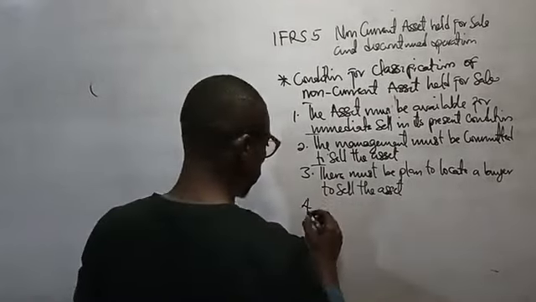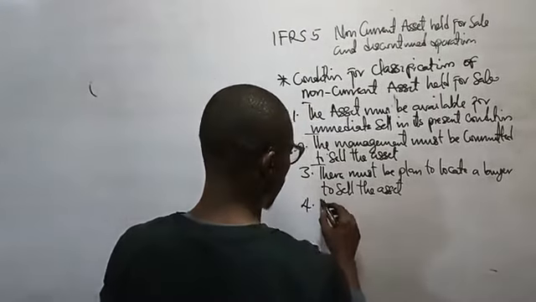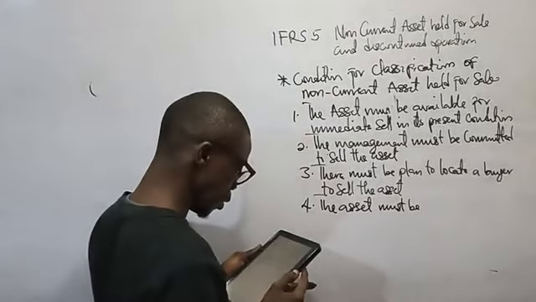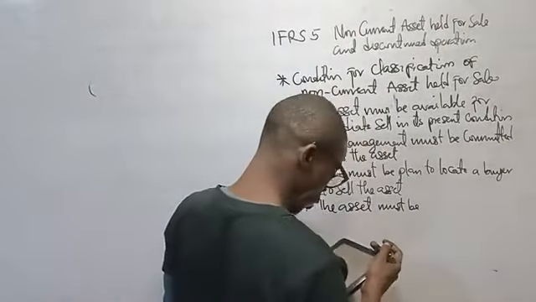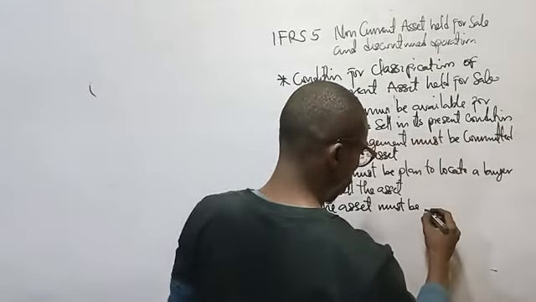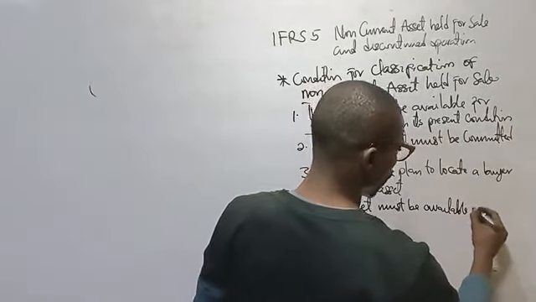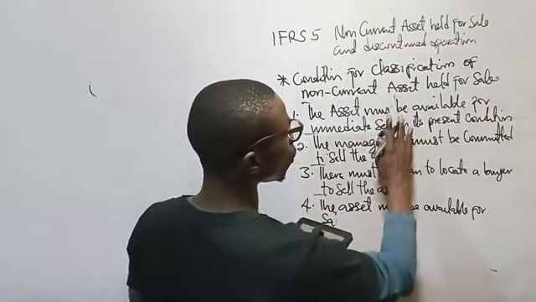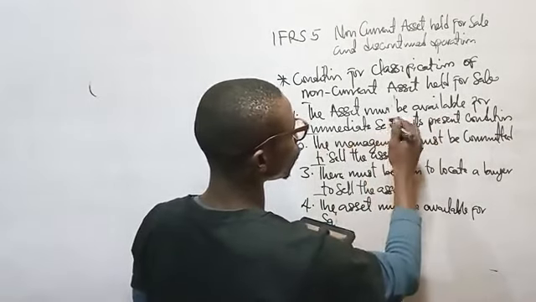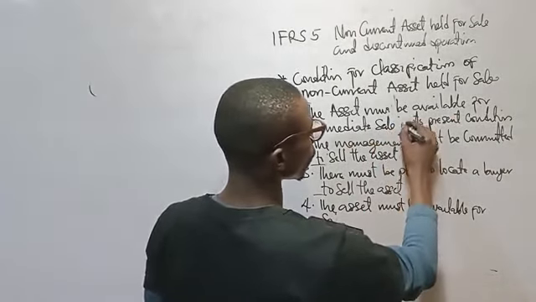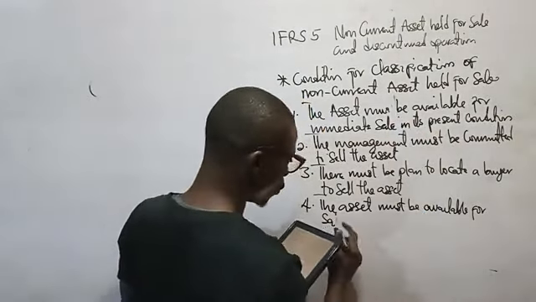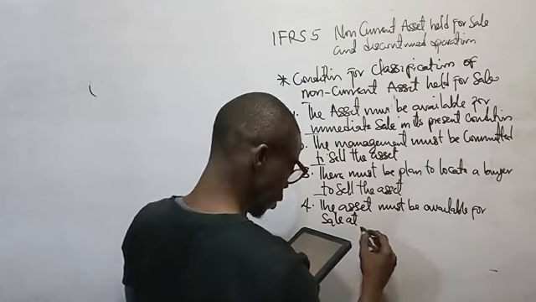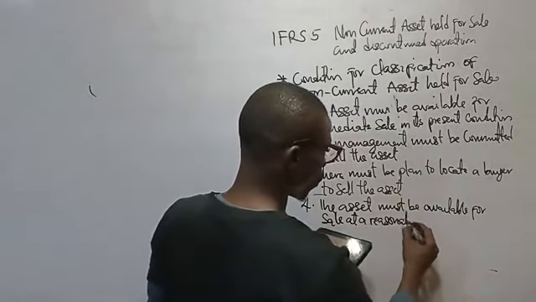Four, these are the conditions now. Number 4 is that the asset must be available for sales at a reasonable price.